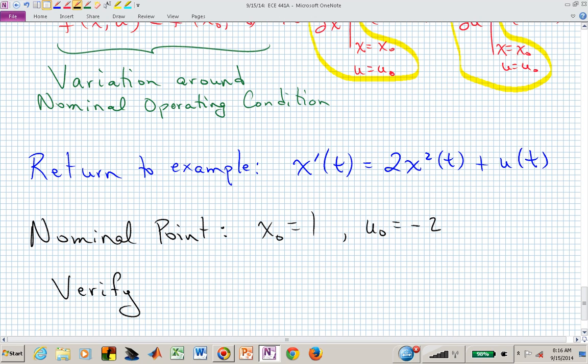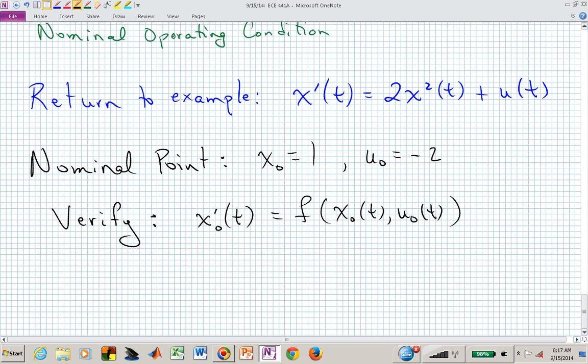Does x prime at this location, x naught equal to 1 and u naught equal to minus 2, equal the right-hand side at that same location? What is x prime of 0? Well, that's what we're defining as f of x naught of t, u naught of t.